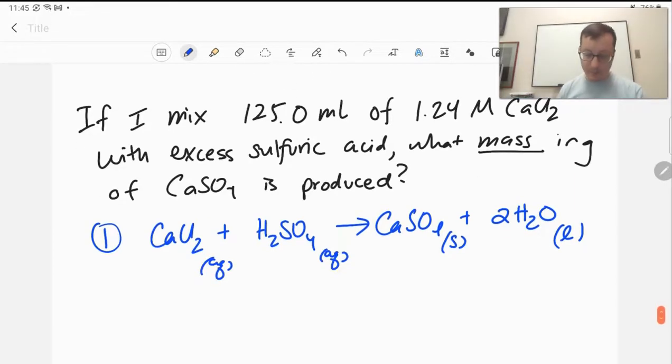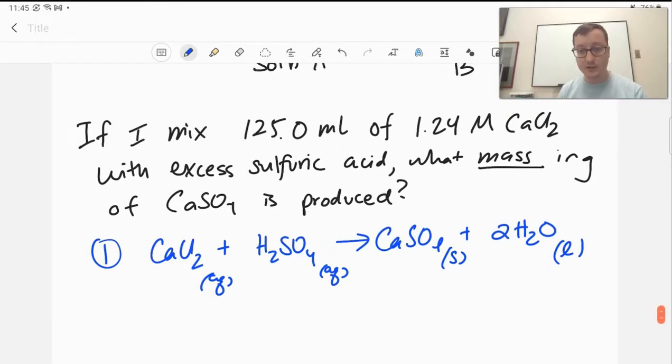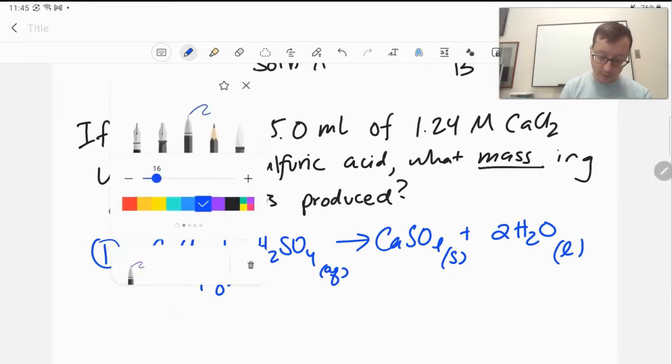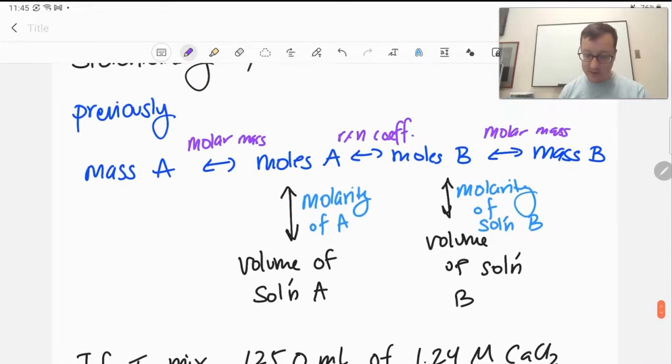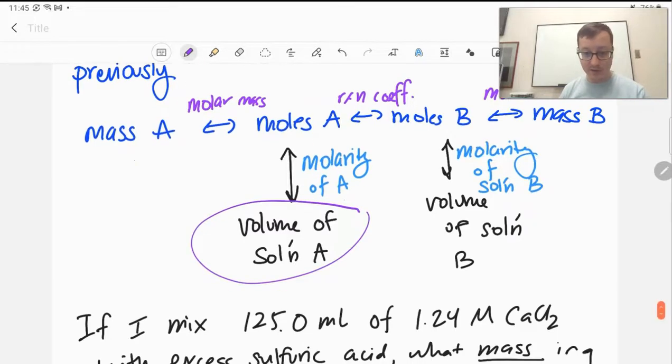All right, so in this case, we're going from some concentration and volume of calcium chloride, and we're looking for mass of calcium sulfate. So if we were to go back up to our scheme here, in this case, we have volume of solution A, that's 125 milliliters.